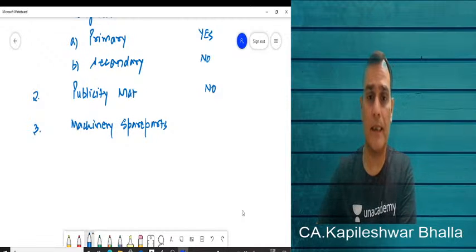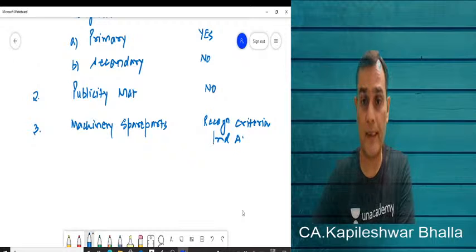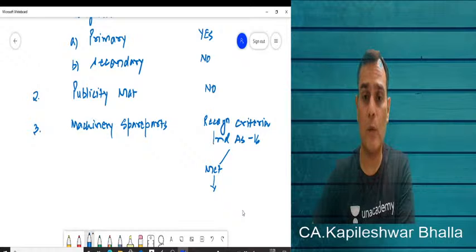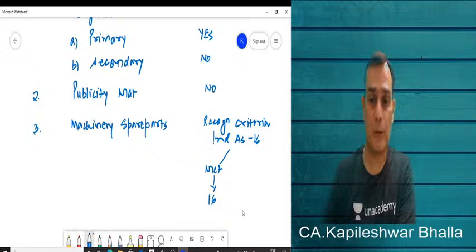And as I said, it all depends on the recognition criteria, which is given under Ind AS 16, in para number 7. If that recognition criteria is met, then we would cover this machinery spare part under Ind AS 16 and treat it as property, plant and equipment.